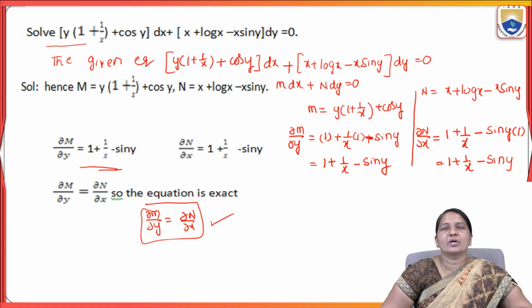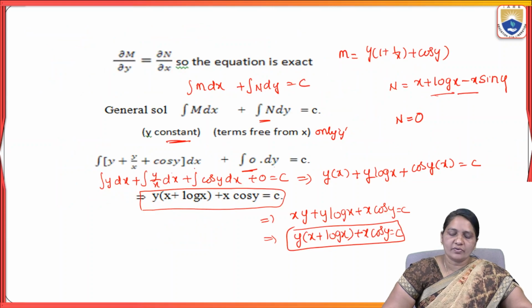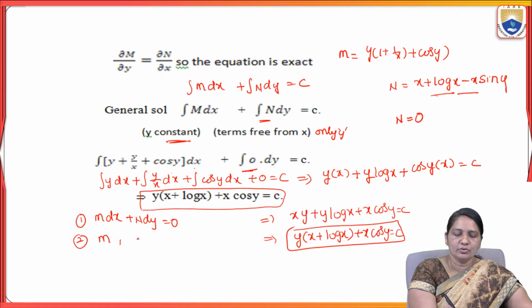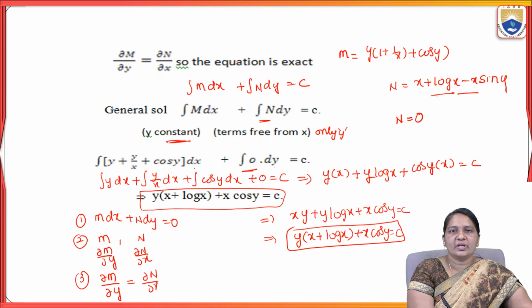So this is the way to calculate the general solution for an exact differential equation. Let me recall the steps. First, we take the given equation and compare it with the general form, M dx plus N dy equal to 0. Second, we identify the M value and N value, and calculate dou M by dou y and dou N by dou x. Third, we check exactness: dou M by dou y should be equal to dou N by dou x.